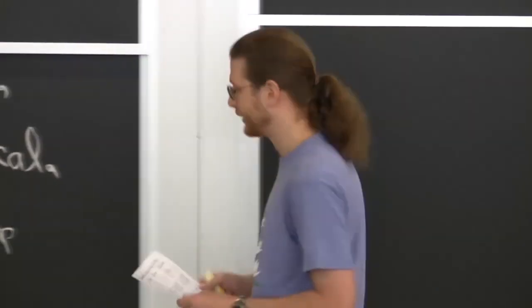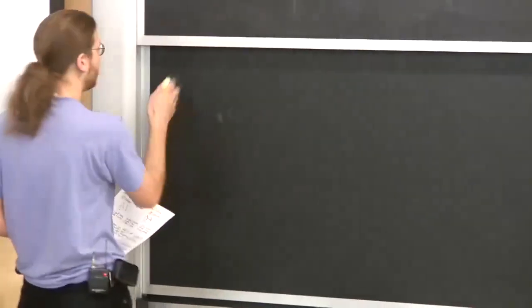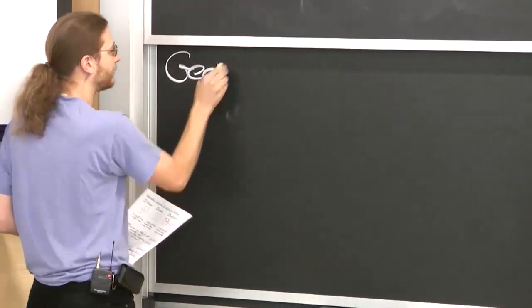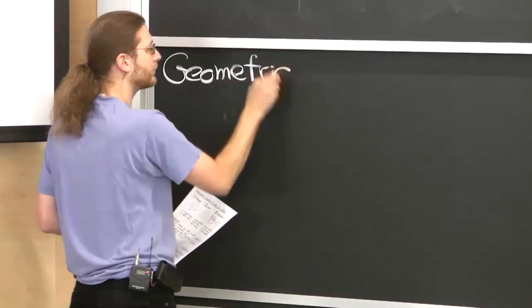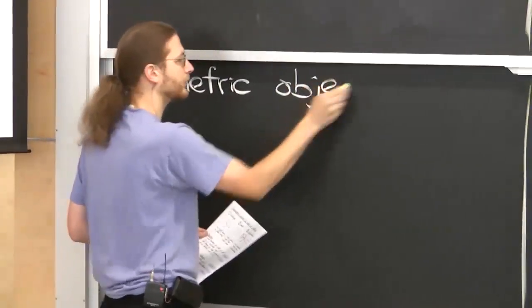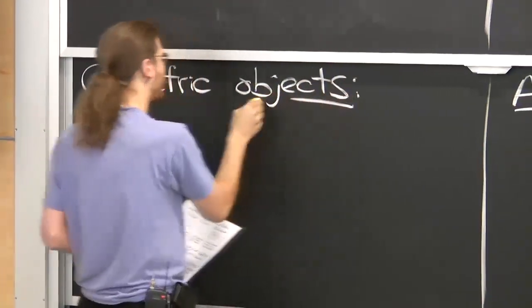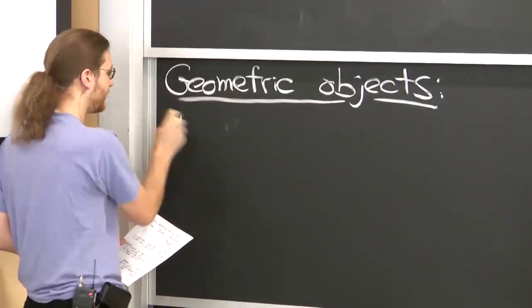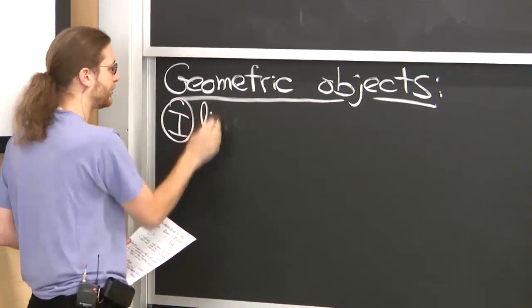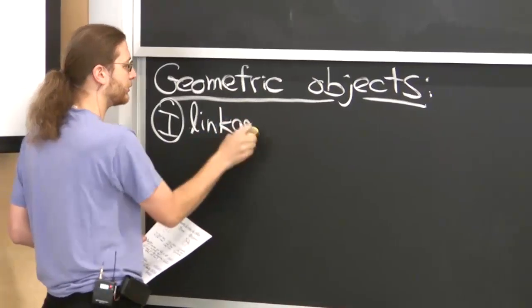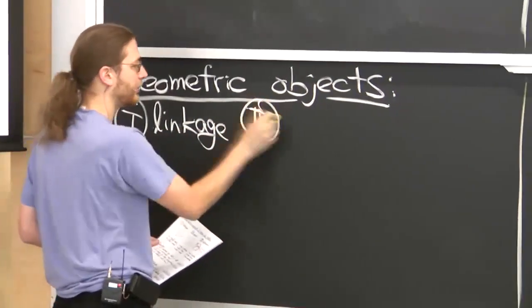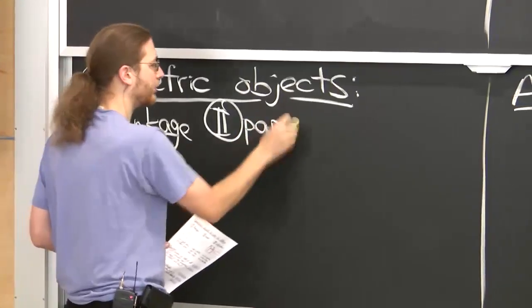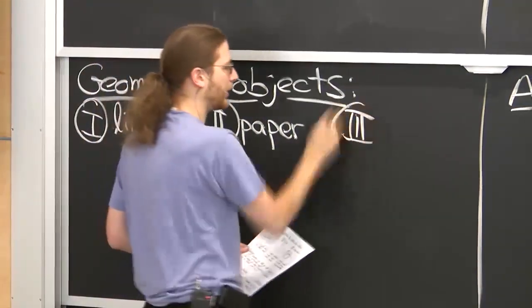Let's dive a little bit into the mathematical structures. So, let's say geometric objects. There are 3 main things that we typically think about: linkages, pieces of paper, and polyhedra.